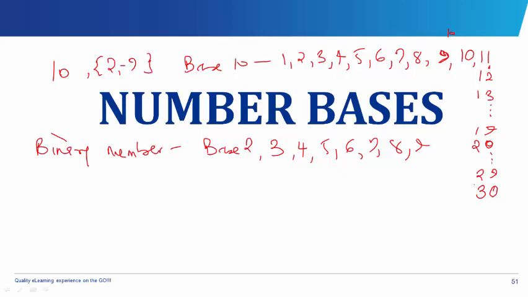Now when we're counting in other bases, the same applies. For example, base 5 means we'll count 0, 1, 2, 3, 4. There's nothing actually like 5. We'll now have 10. Then we'll have 11, 12, 13, 14.